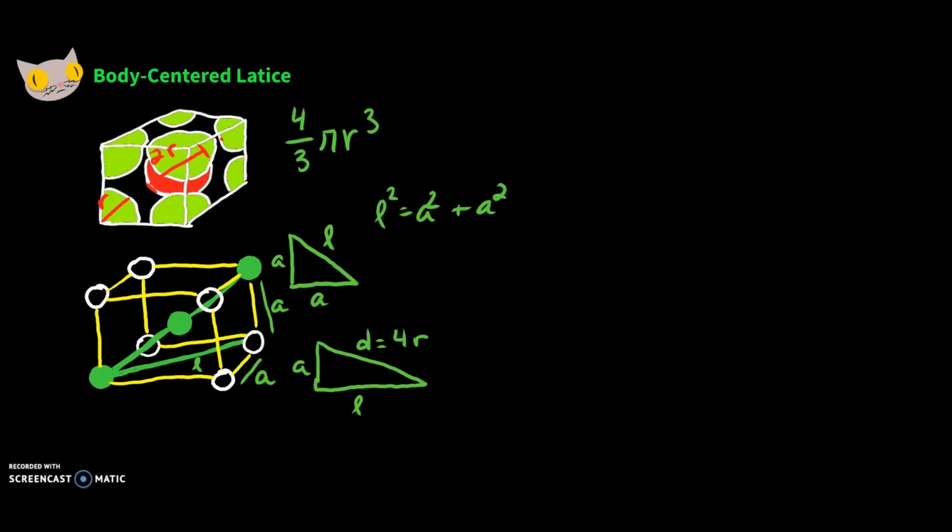And we take the radius for this atom here, r as well. We add those all up, and we see that the entire distance from corner to corner is 4r.